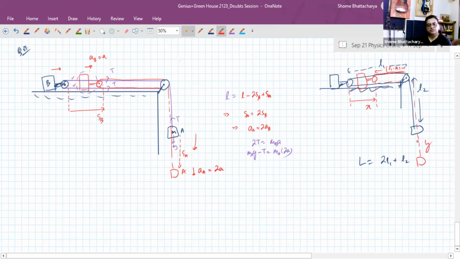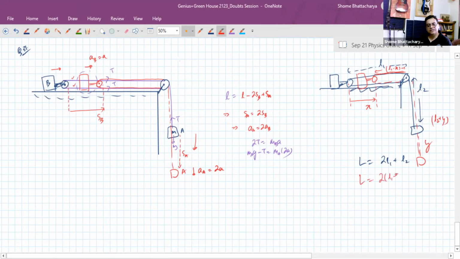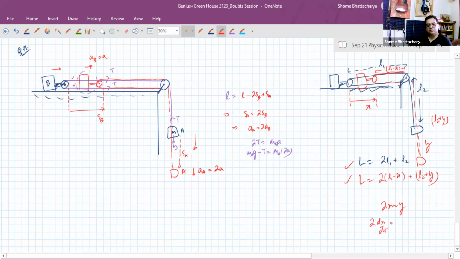So this length has now become L2 plus y. That same thread length is now equal to twice of L1 minus x on top, but the vertical section has become L2 plus y. If you compare these two, you can see that 2x is equal to y. So 2 times dx by dt is equal to dy by dt. If this is moving with a velocity VA and this with a velocity VB, we have 2 times VA equal to VB, and differentiate this once more.